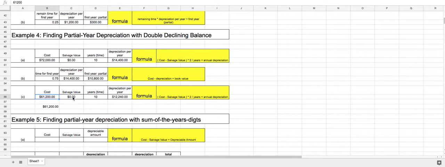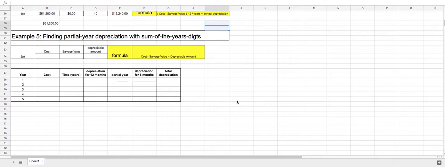Now we can use that to calculate the depreciation year after year. The question is asking two parts. What is the first year partial depreciation, which was $10,800, and what was the first full year depreciation? That was the $12,240. Again, we had to find the depreciation for the first partial year before we could get the proper cost for the second.